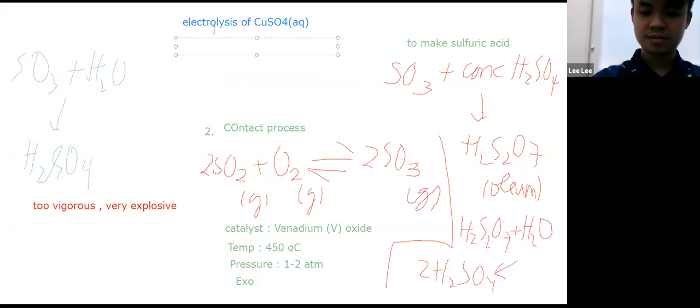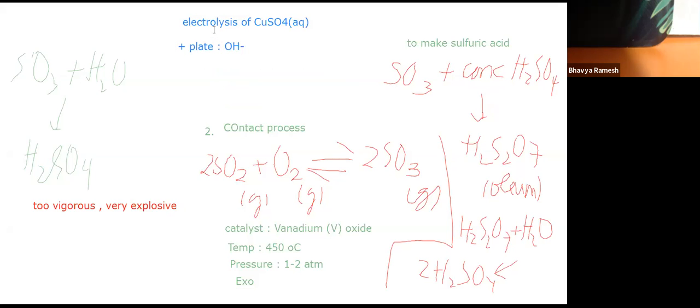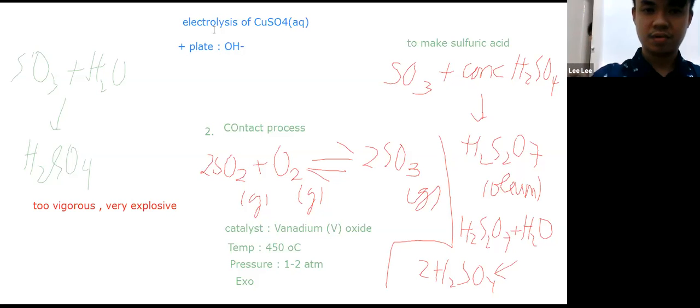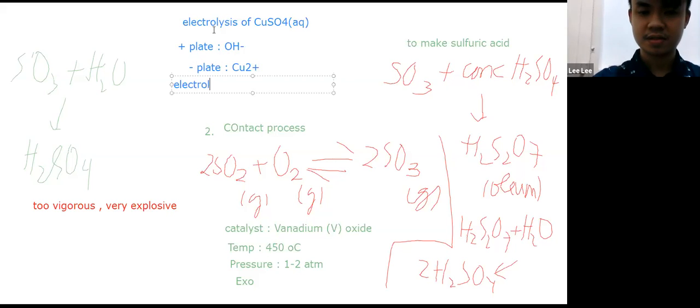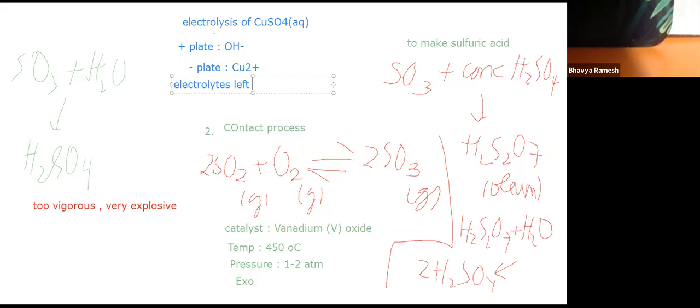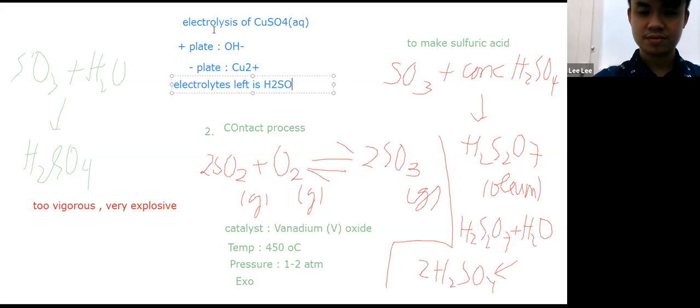At the positive plate, it will attract the OH negative. At the negative plate, what will it attract? Cu2+, is it? So what is left? H2SO4. So you get sulfuric acid, right? So the sulfuric acid that you need here can be taken from this.